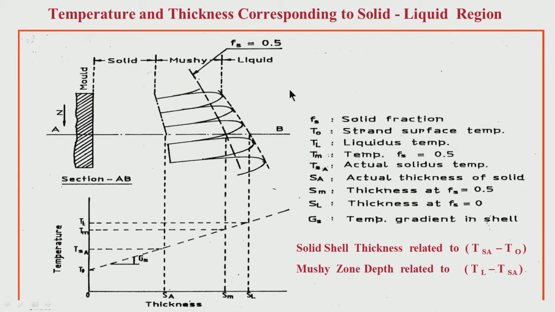So, the mushy zone is determined by how much will be the width, the depth of the mushy zone, and what will be the depth of solid phase during solidification. If you look at this figure, this is the thickness. So, the actual depth of solid, it depends on what? Depends on, look here, what is the temperature here?